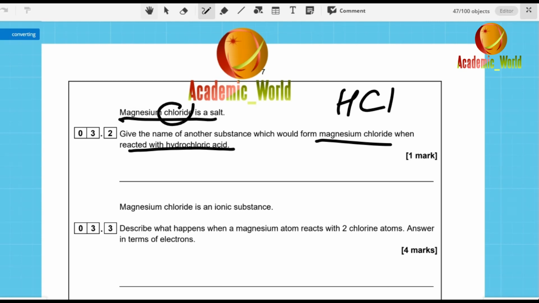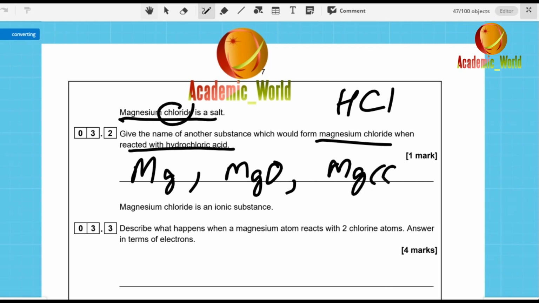So you have options: you can treat with magnesium, or magnesium oxide, or magnesium carbonate, or magnesium hydroxide to make magnesium chloride.